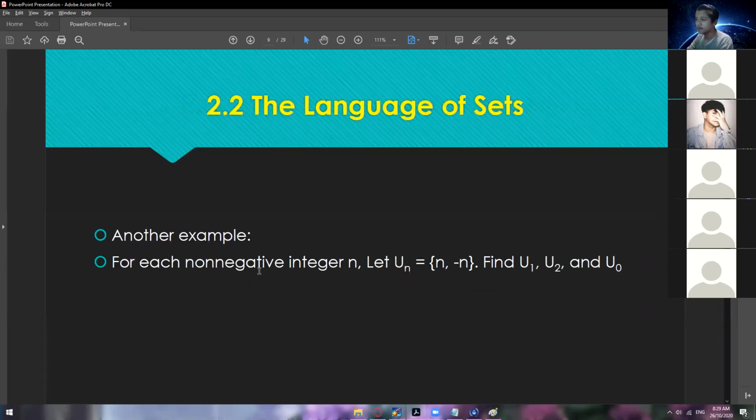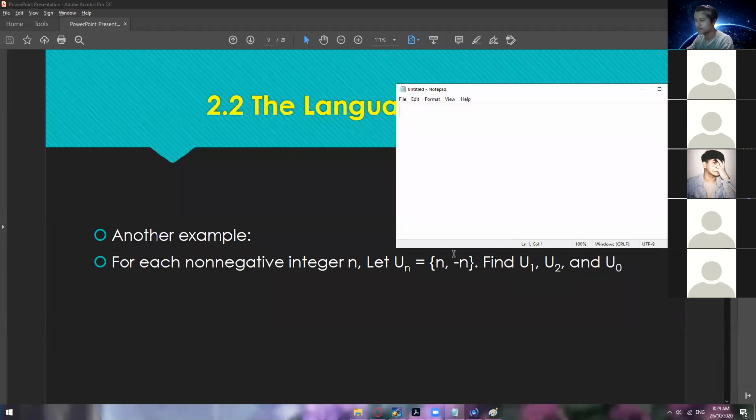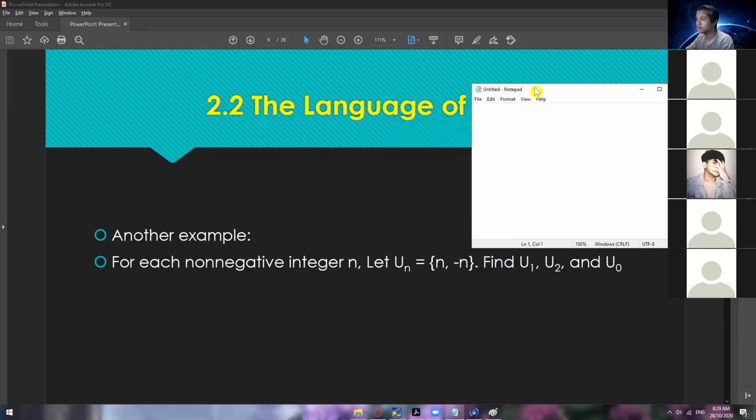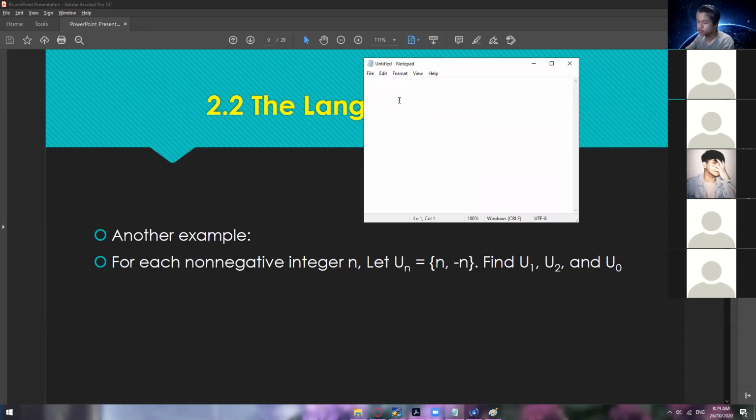Anyway, so let's have another example. For each non-negative integer n, let u sub n is equal to {n, -n}. So find u sub 1, u sub 2, and then u sub 0. So we have a total of 3 questions.